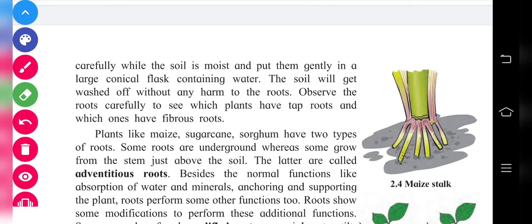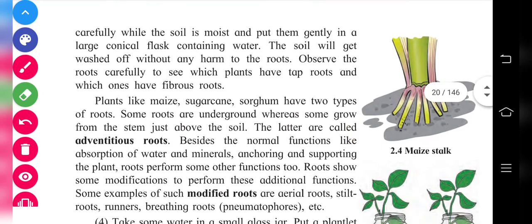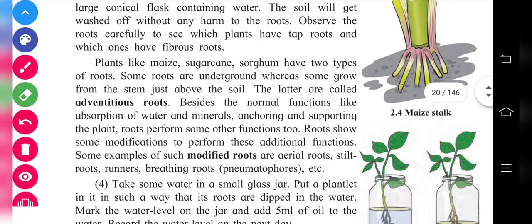Besides the normal functions like absorption of water and minerals and providing support, the plant roots perform some other functions too. Roots show some modification to perform the additional function. Some examples of such modified roots are aerial roots, stilt roots, runners, breathing roots, etc. These are the different types of roots in the plant, okay.